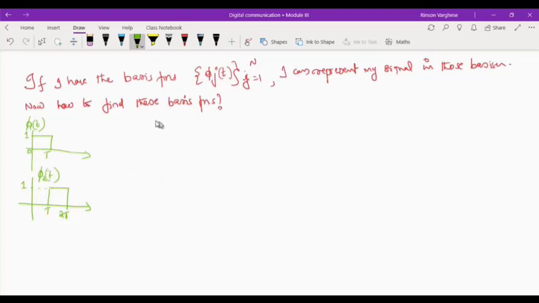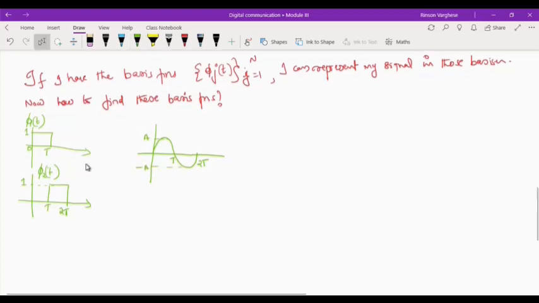I am asked to represent a sine wave of duration 2T, with some amplitude A, in these bases.